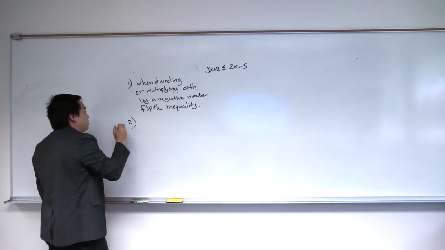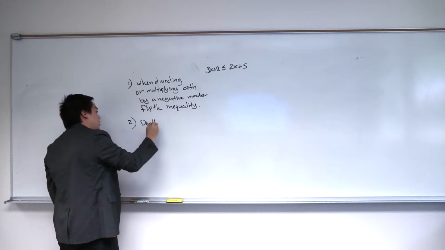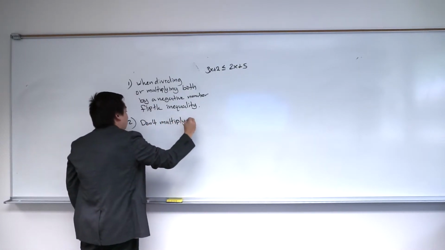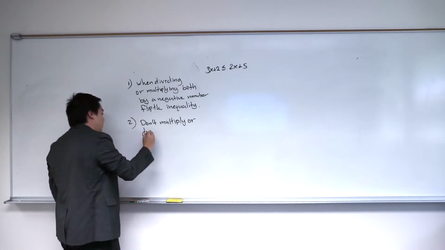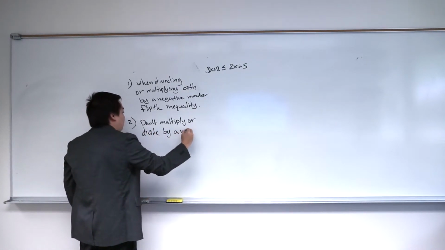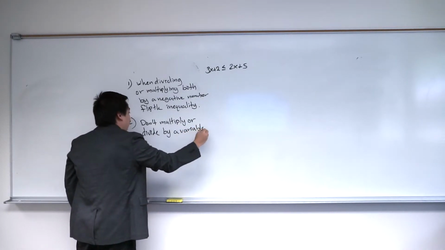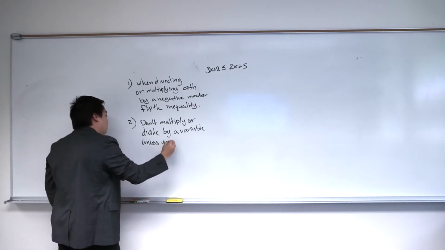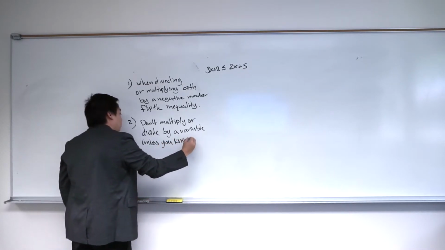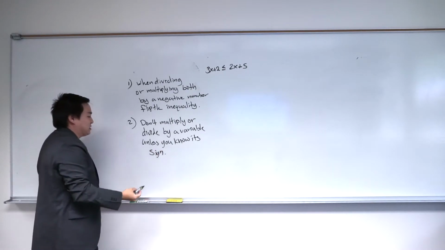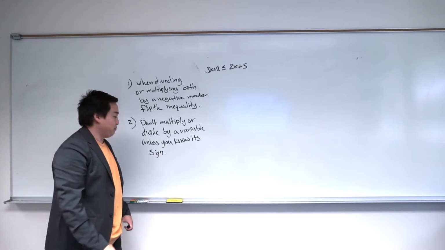And number 2: don't multiply or divide by a variable unless you know its sign. And its sign just means whether or not it's positive or negative.